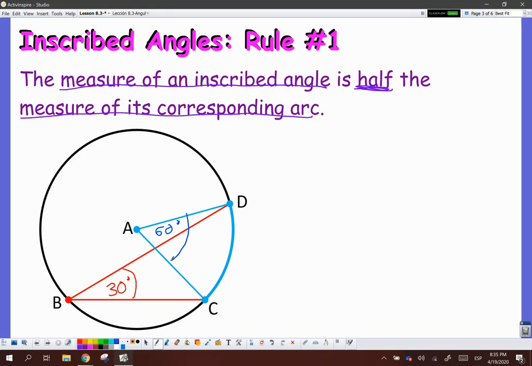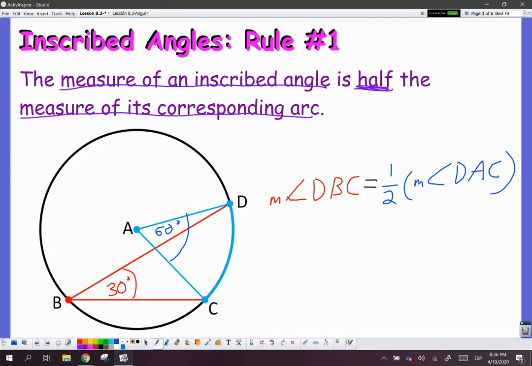So we can see that the measure of angle DBC is equal to 1/2 the measure of angle DAC.